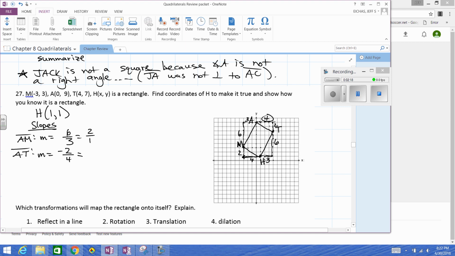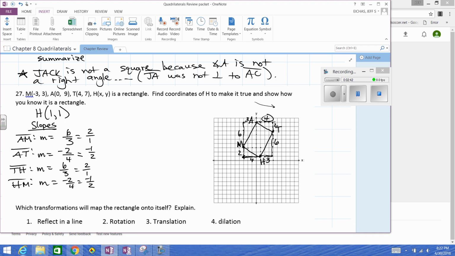It's in the bottom. Rise is 2, and that is going down as we move left to right. Okay, that's going to be negative 1/2 when you reduce it. TH, same numbers as AM, 6/3, 2 over 1. And HM looks like same numbers as AT. Yeah, negative 2/4, so negative 1/2.